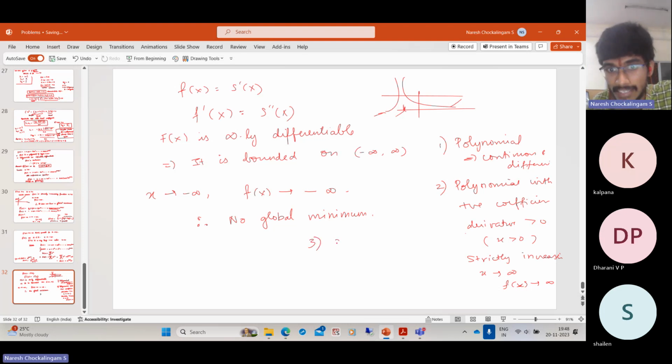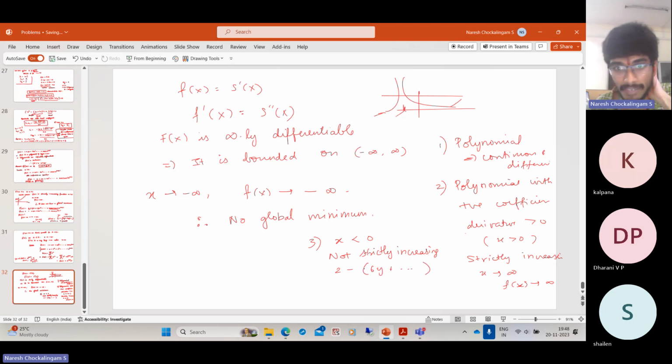Then we are investigating what is happening when x is less than 0. So when x is less than 0, it is not strictly increasing, right? Because you had this f dash of x in this form, 6y plus something.